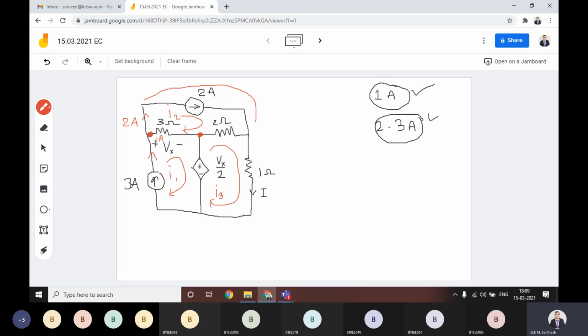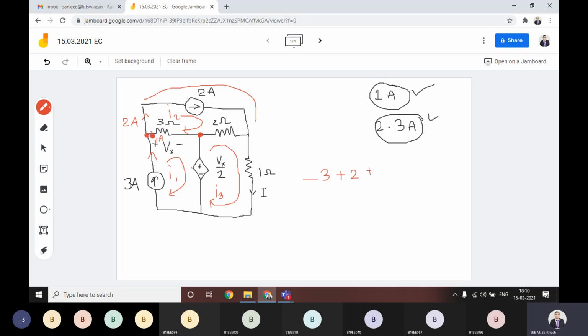If you are not getting it, then write the node equation here at this stage. Which one is entering? Minus 3 is entering. Whenever you are writing the KCL equation, you take enterings as negative. Then minus 3 is entering, 2 is leaving.